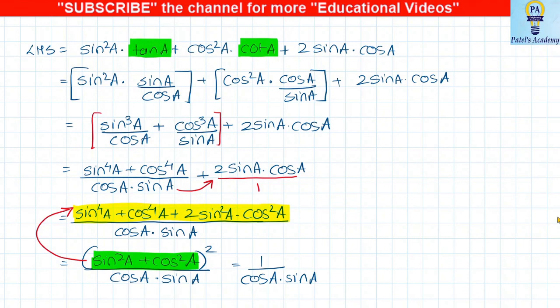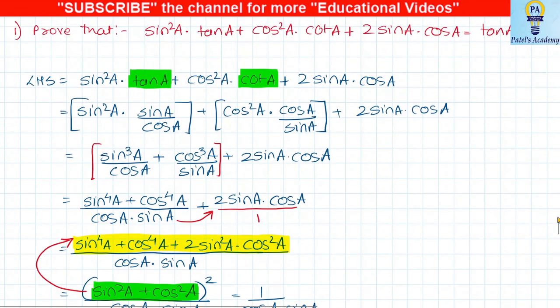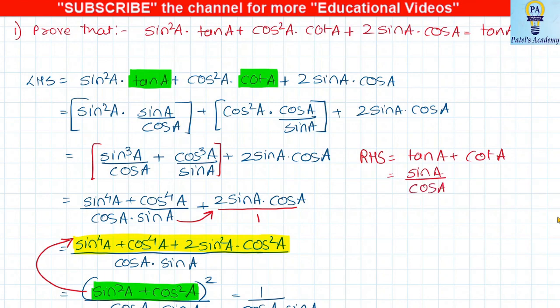Now just have a look at the right hand side. Let me take the screen up slightly. Now I'm going to do the right hand side part over here. RHS. So what do we have in RHS? Tan A plus cot A. Now what is tan? Sin upon cos. And what is cot? Cos upon sin. Now we'll do LCM or cross multiply.